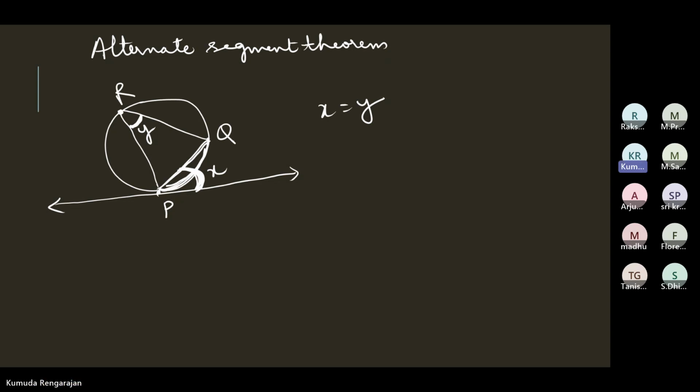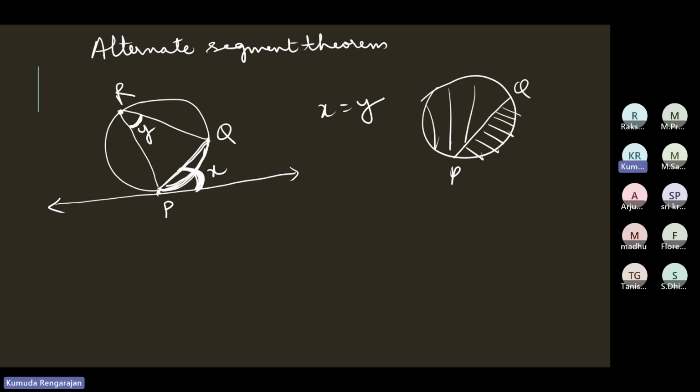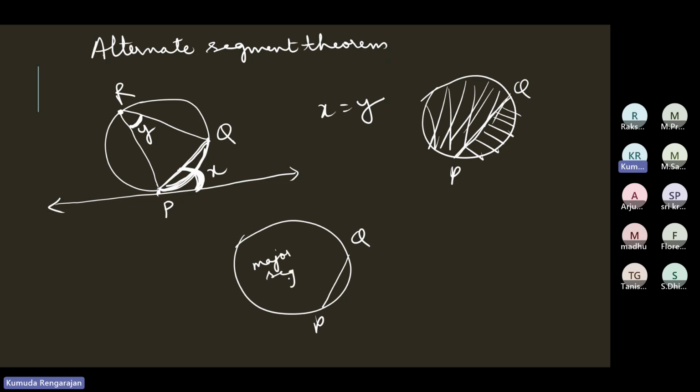How? With respect to the chord PQ, this is the minor segment and this is the major segment. Now, this angle, you can see, a part of the angle goes through the minor segment.